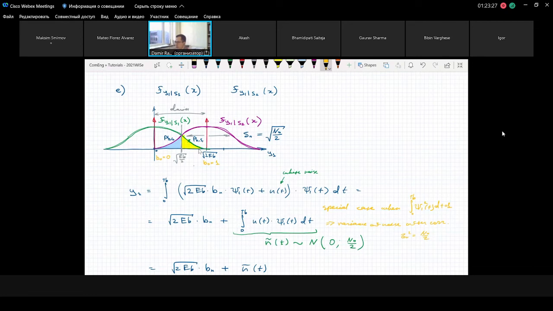This area corresponds to probability. But the problem starts when we realize that we are working with a Gaussian probability density function. You cannot calculate the integral of a Gaussian probability density function analytically. At least most scientists agree that it's not possible. There are different ways to overcome this problem.